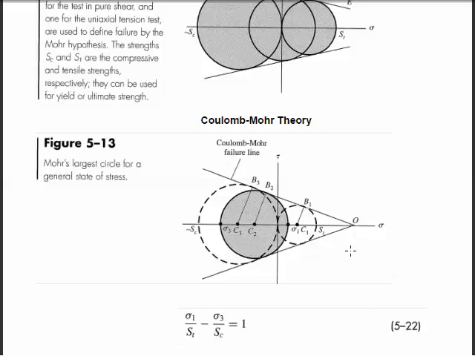If we draw the 2 circles, a circle for tensile yield and 0, a circle for compressive yield and 0, and we fit tangent lines to those 2 circles, these tangent lines become our bounds on our largest Mohr circle that would be said to succeed. Here this gray circle might represent our state of stress, the largest Mohr circle for our state of stress that is just barely fitting within these bounds.